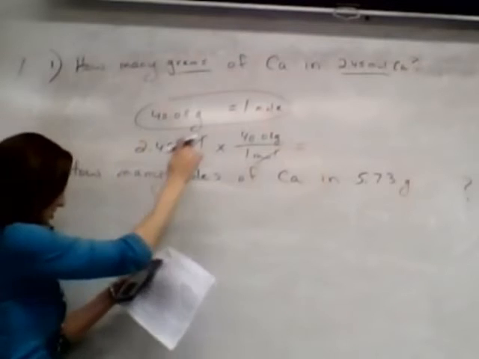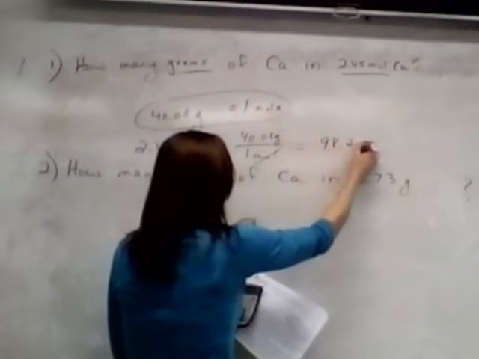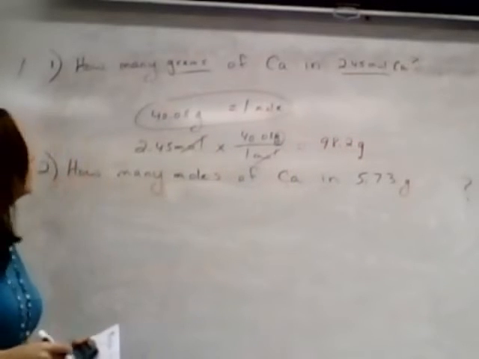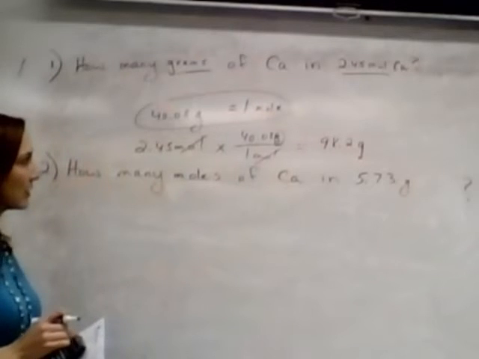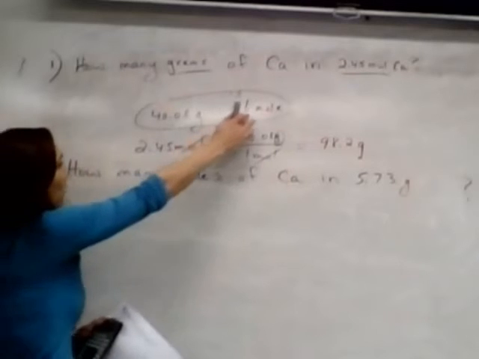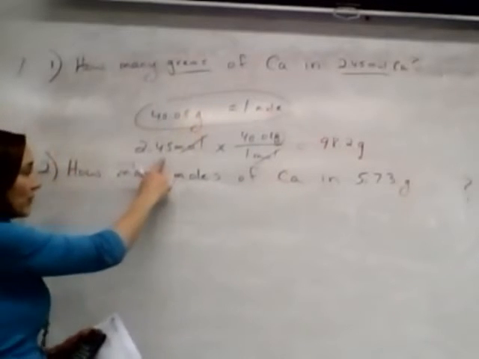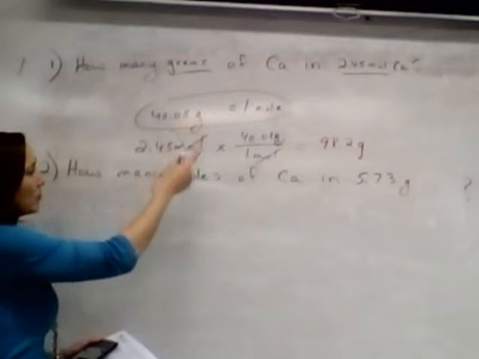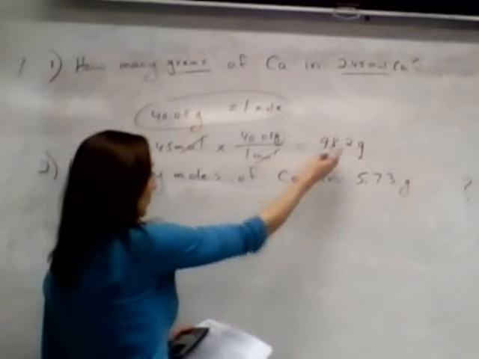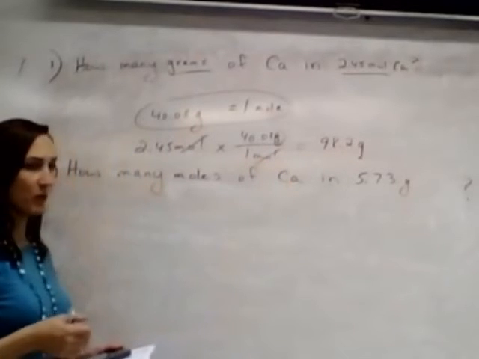So this has 3 digits. Make this 3 digits, so 98.2, and then a unit of grams, since it's left over on the top of my conversion factor and hasn't been canceled. And if you think about what this is saying, well, 1 mole would have 40.08 grams, but I've got 2.45, so I have certainly more than the 40.08 grams because I have more than 1 mole, and so I'm just multiplying, and I get the 98.2 grams for the 2.45 moles.